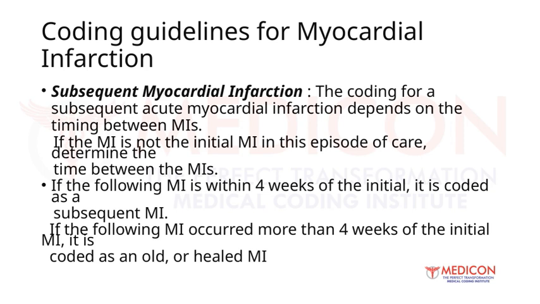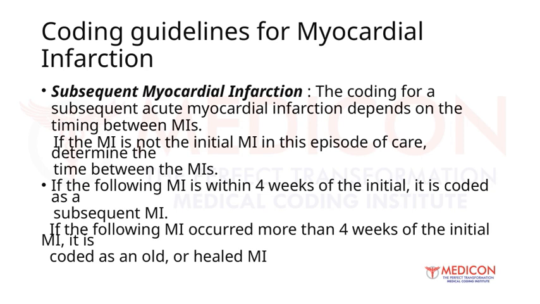However, if the second MI happened more than 4 weeks after the initial one, then we code it as an old or healed MI. This distinction helps ensure accurate coding and reflects the clinical situation appropriately. Understanding this timing is crucial because it influences how we document and report these cases. It also ties into the overall theme of precise coding, making sure we're capturing the patient's condition accurately for both clinical and administrative purposes.